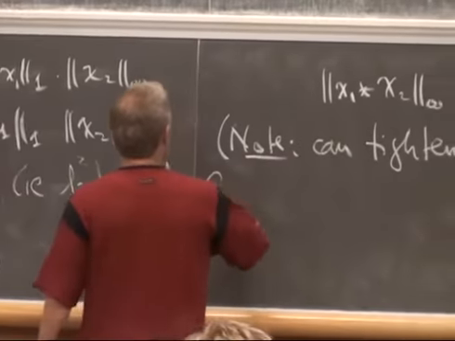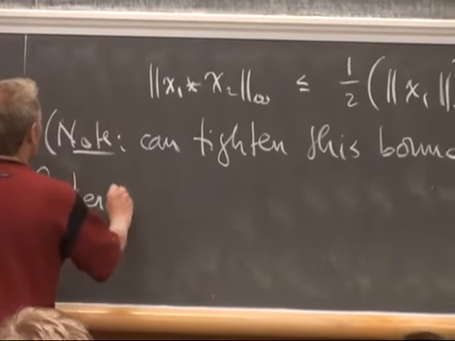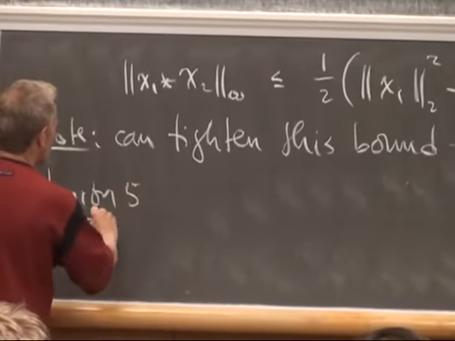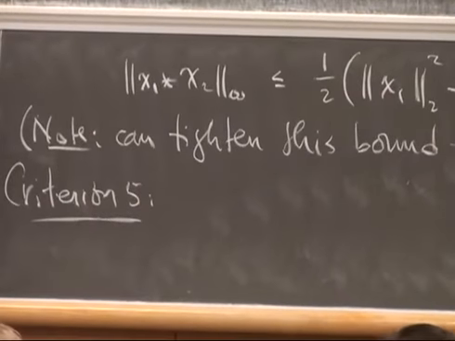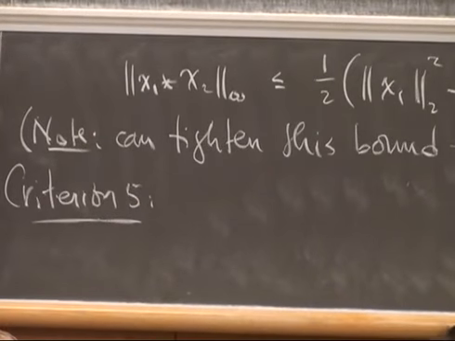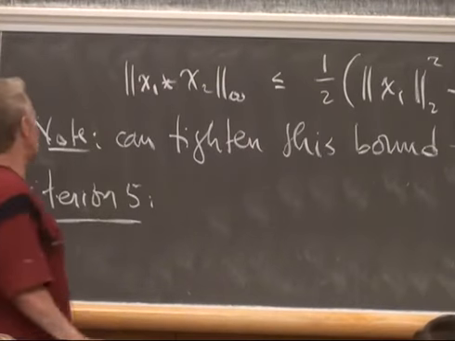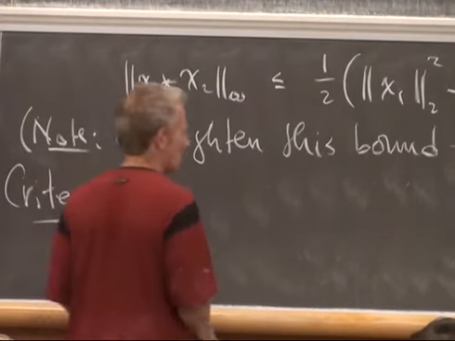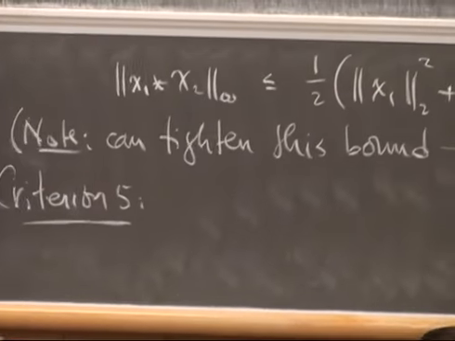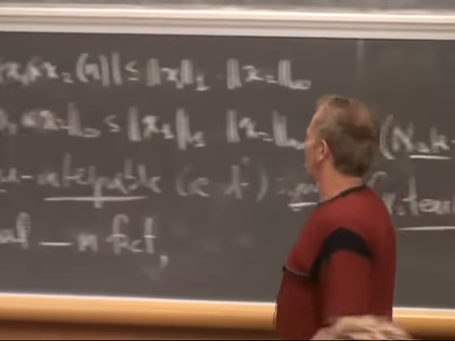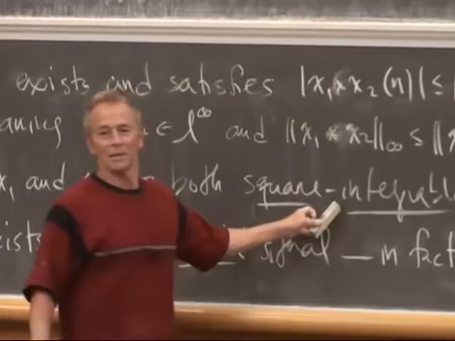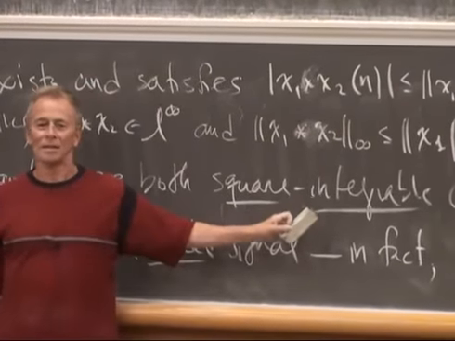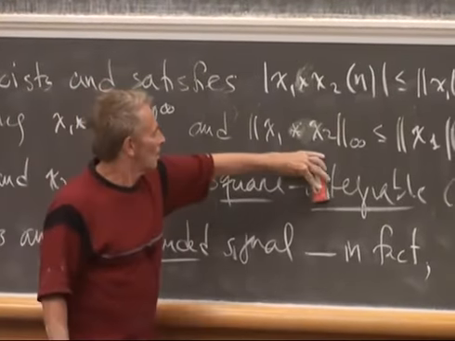Final criterion 5. If x1 and x2 are both absolutely summable, square summable is what I meant to say there, not integrable. Did anybody notice that? Wait, is it interchangeable? Can you say it both ways?